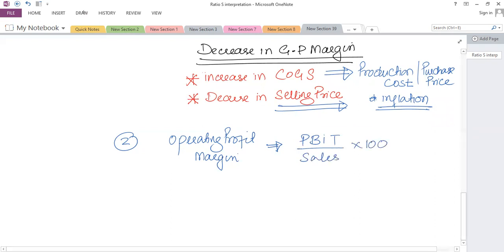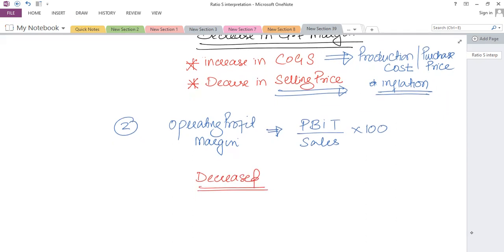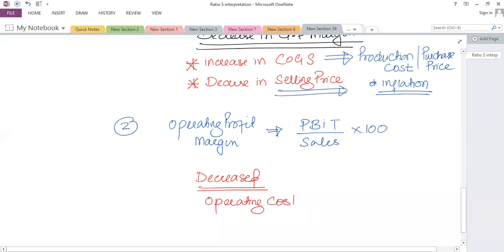Now, the obvious thing is that if your profit margin has decreased, the operating profit is an outcome of gross profit, so gross profit might be the culprit. Then the biggest culprit is your operating cost. Am I right? The biggest culprit is your operating cost. Now, in operating cost, you might have an administration cost change.